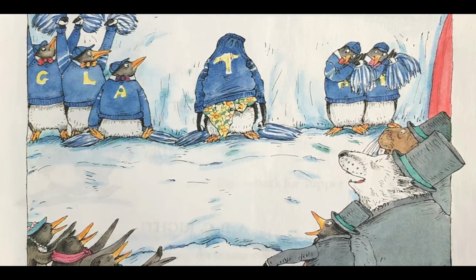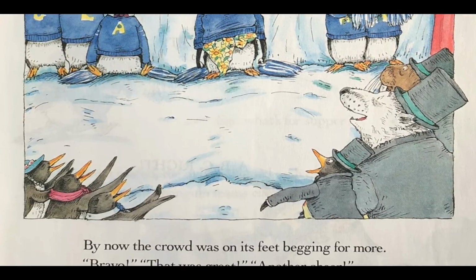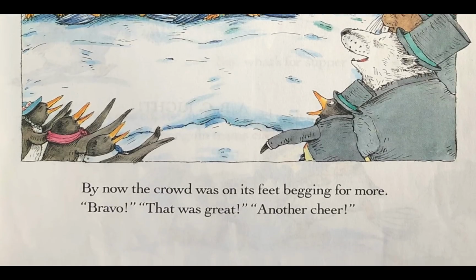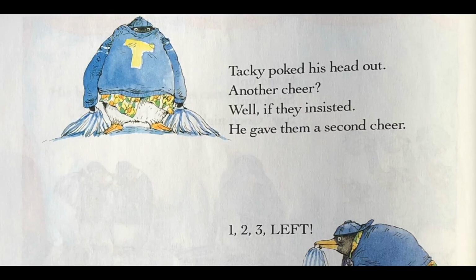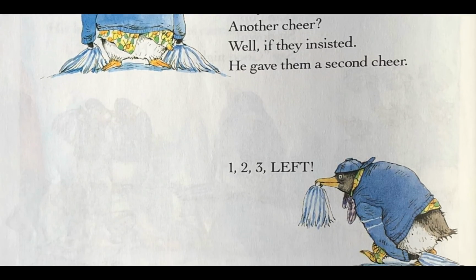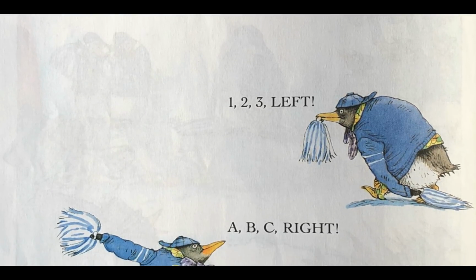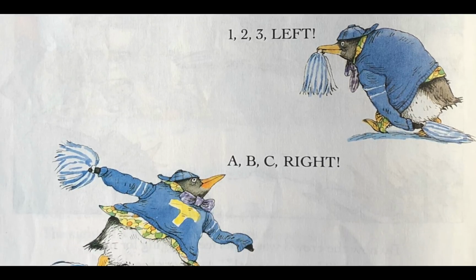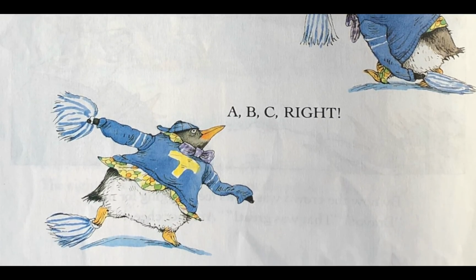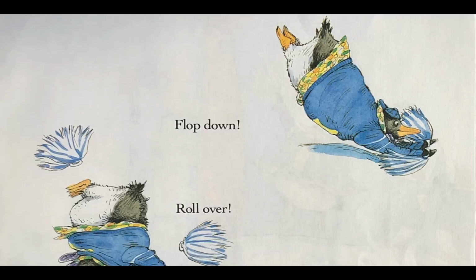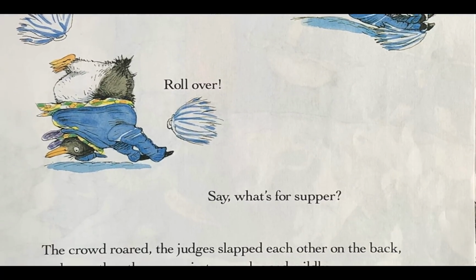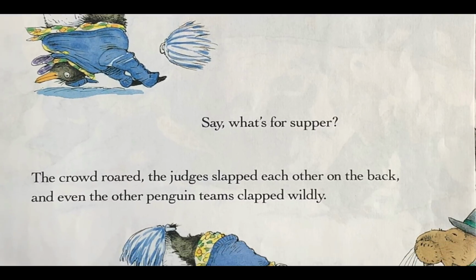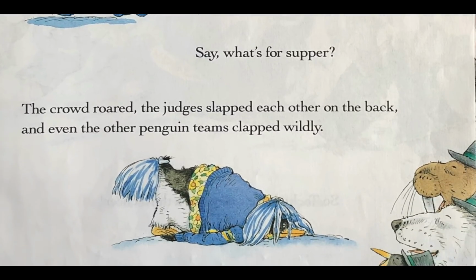By now, the crowd was on its feet begging for more. Bravo! That was great! Another cheer! Tacky poked his head out. Another cheer? Well, if they insisted, he gave them a second cheer. 1, 2, 3, left, A, B, C, right, flop down, roll over. Hey, what's for supper? The crowd roared, the judges slapped each other on the back, and even the other penguin teams clapped wildly.